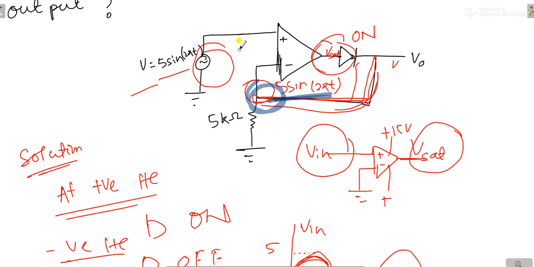Why? Because of the concept of virtual ground. So V0 will be 5 sine 2 pi t, equal to Vn, only in the positive half cycle. For the negative half cycle, the diode will be off, there is no feedback circuit, and V0 will be 0.